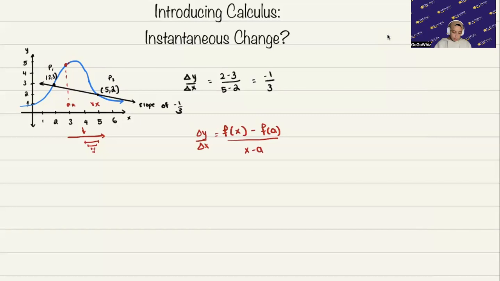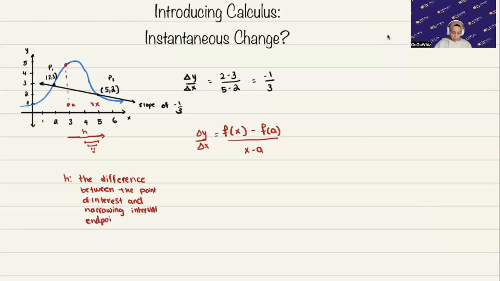Now, over here, if we're talking about the distance that we're trying to make smaller, I'm actually going to label that as H. We're going to say H is the difference between the point of interest and the narrowing interval endpoint.